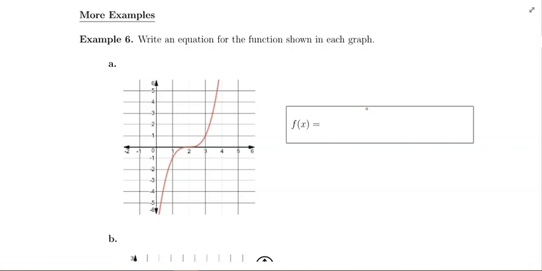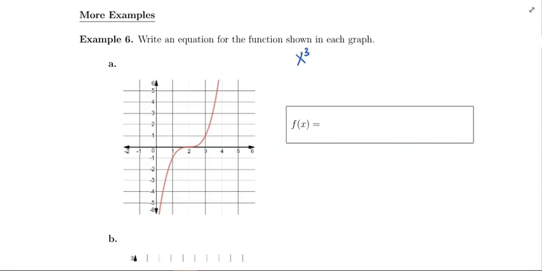Okay, so here's the graph in example A, and the first thing that should come to your mind is that this looks exactly like one of the basic functions that we saw in section 3.4. This looks like x cubed. So it has been transformed. We just have to figure out how and then apply that transformation to the formula.